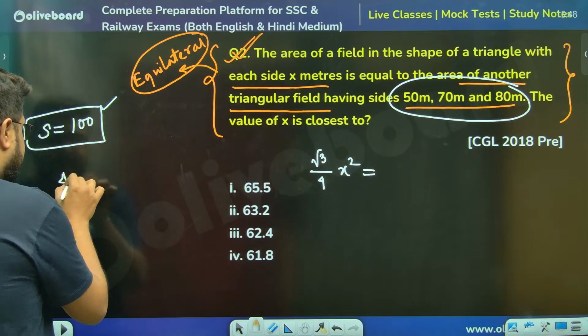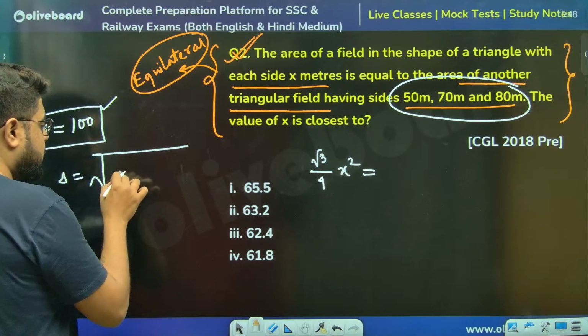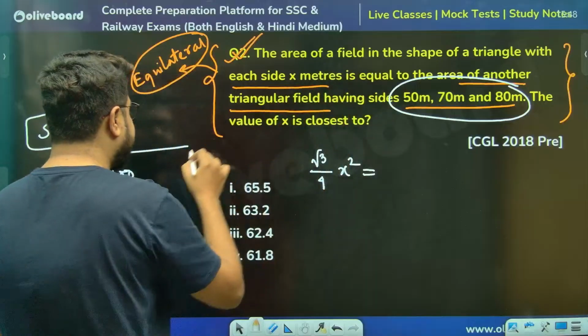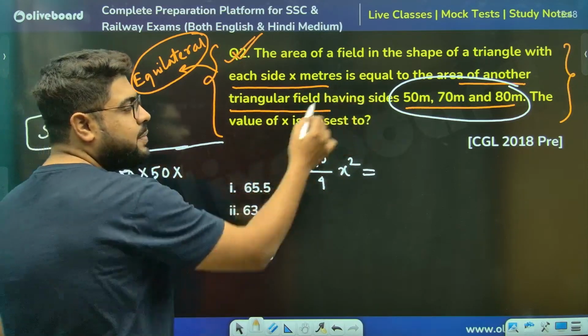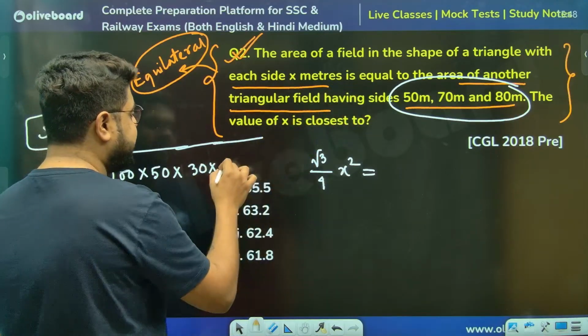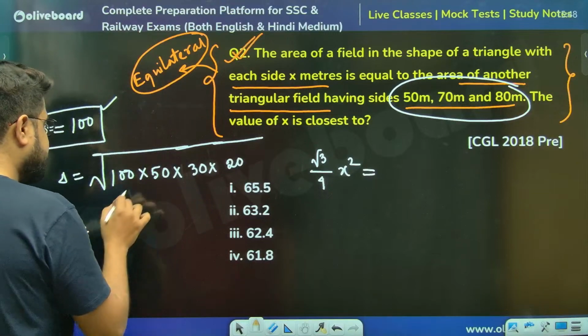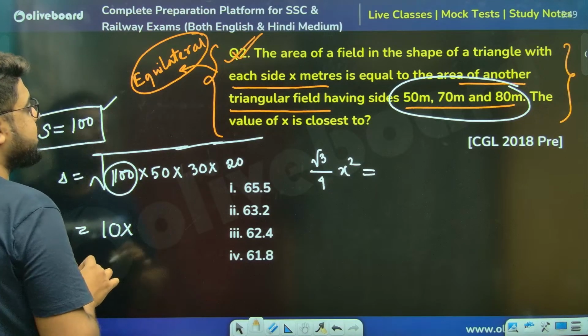So area will be root over 100 into 100 minus 50, that means 50, then 100 minus 70, that is 30, into 100 minus 80, that is 20. Done, sir. Sir, 100 will go out as 10. Again, this is giving us a problem.